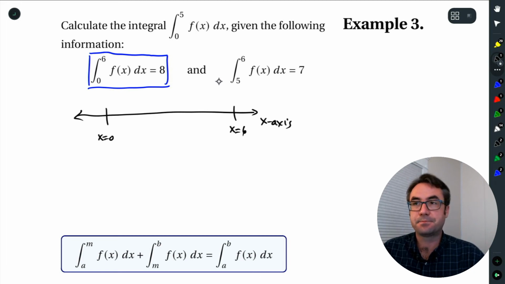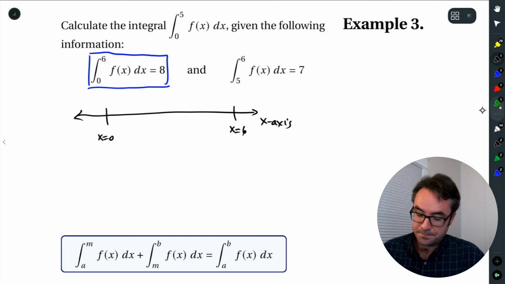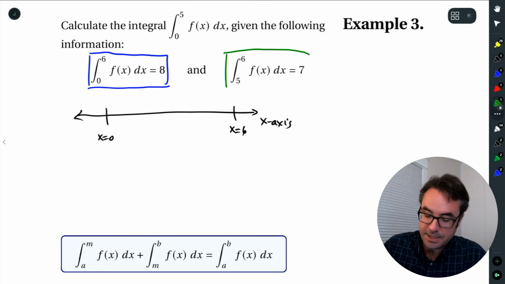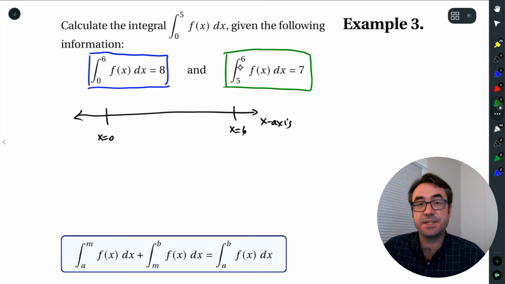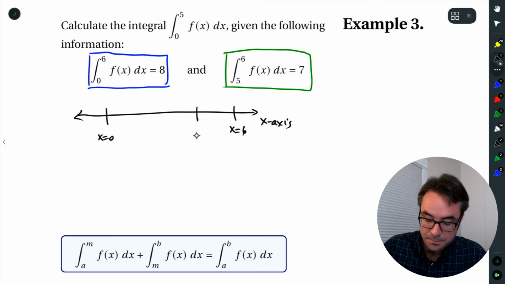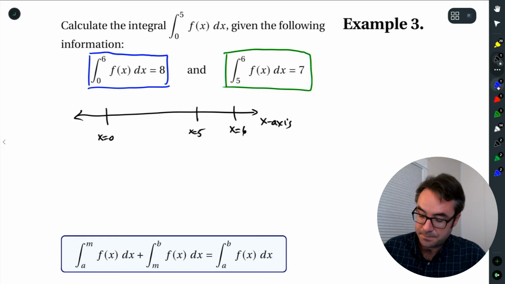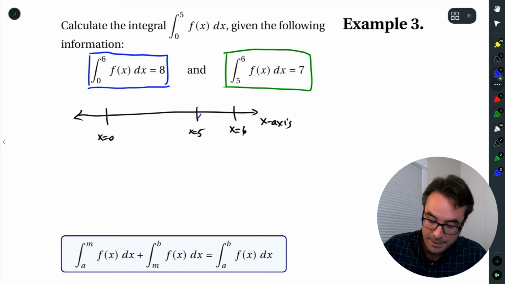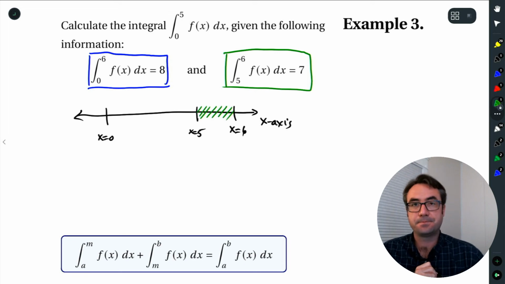Now the second one here is telling us the integral from 5 to 6 is 7. So it's telling us information about what this integral is from 5 to 6.